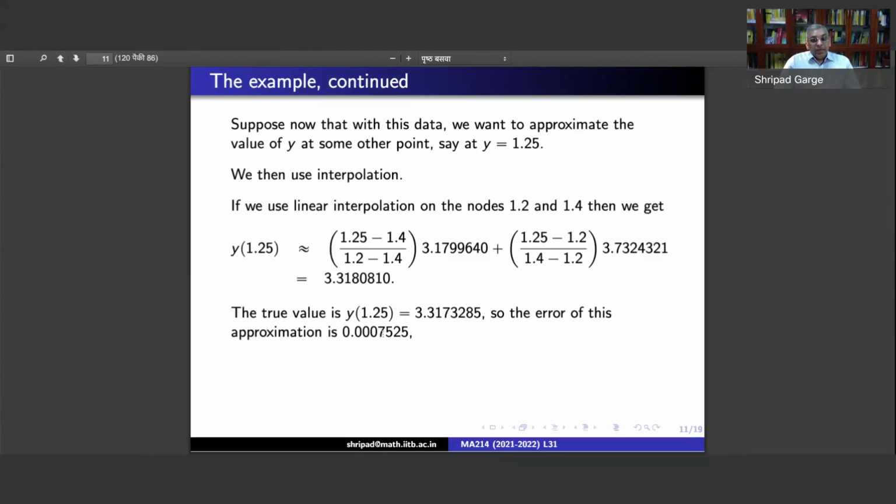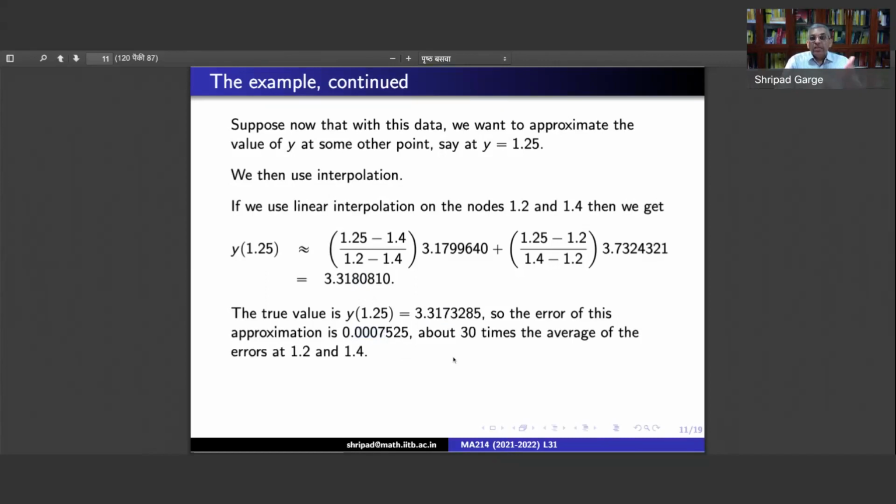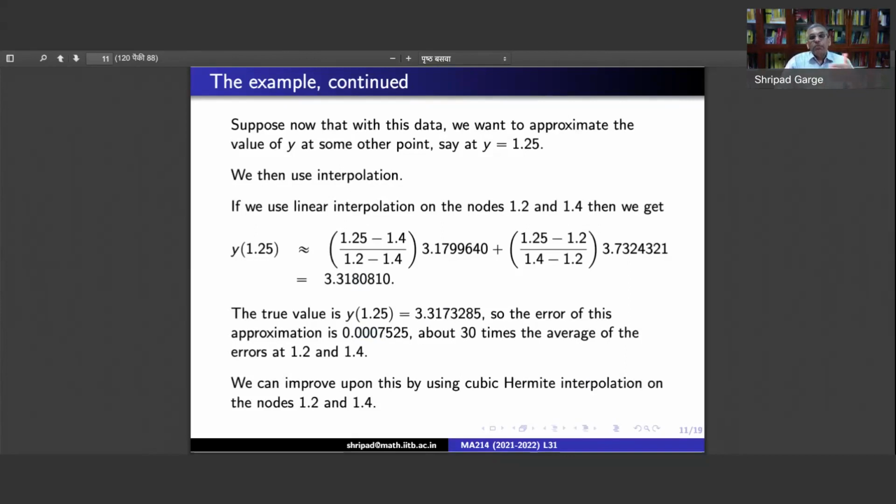But earlier the average error was 0.0000275, so this is a multiple of that error. This is about 30 times the average of the two errors at 1.2 and 1.4, and therefore we need to improve upon this, and this is why we are going to use the cubic Hermite interpolation.